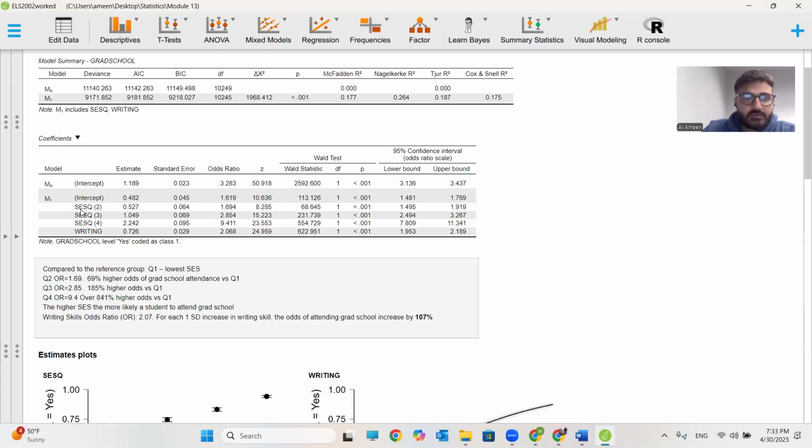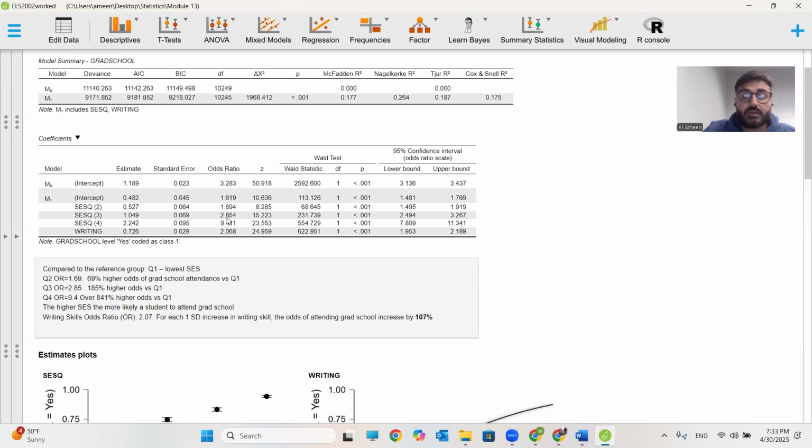But then we look at SESQ2, and the odds ratio over here is 1.69. This is telling me that you are 69% more likely to attend a grad school compared to someone who is in the first quartile SES. And if we look at SES quartile 3, this jumps to 2.8.